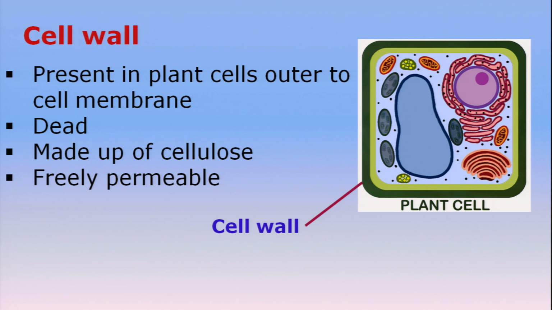And this cell wall is dead. It's not living because it's rigid, it's fixed in structure, it is not flexible, neither it is selectively permeable like plasma membrane. That's why we call it dead. Of which material cell wall is made up of? It is made up of cellulose. Cellulose is a complex carbohydrate.